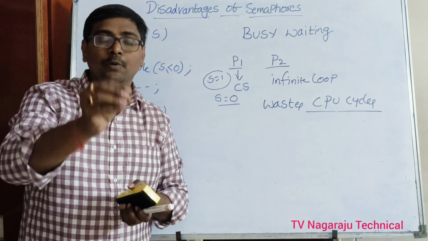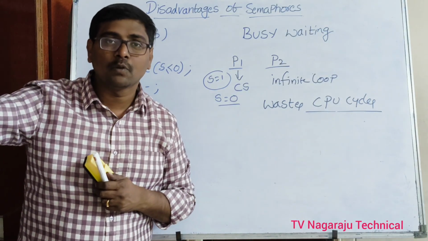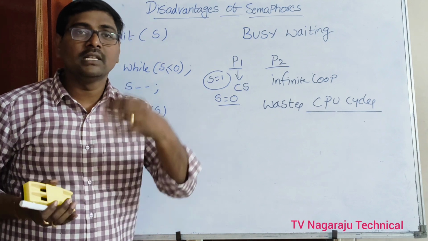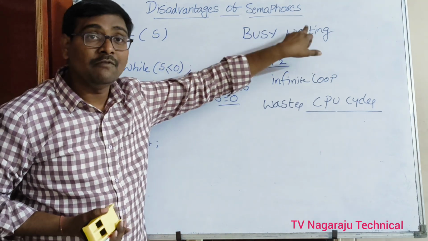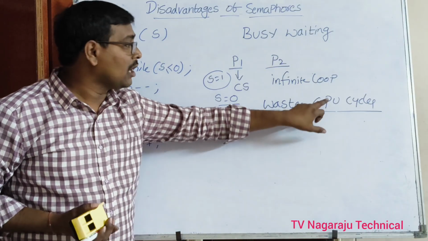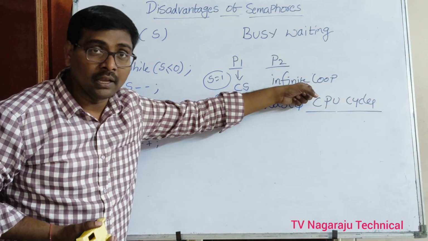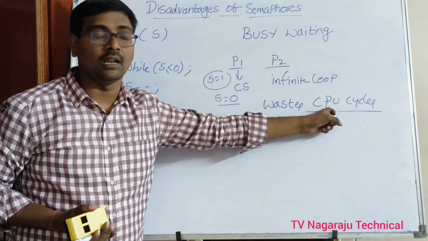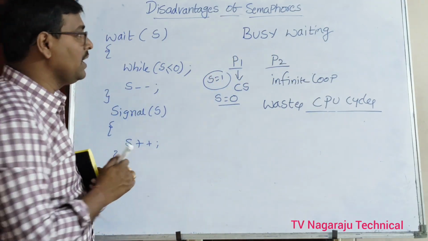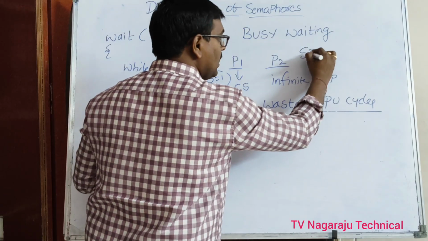If CPU cycles are wasted, the CPU is not allotted to some other process for execution. Obviously the performance is reduced. So that is busy waiting. Clear the point? Continuously waiting by wasting the CPU cycle.